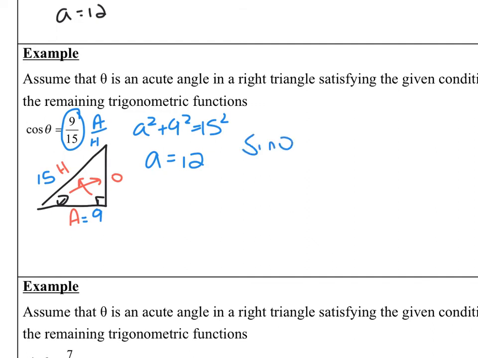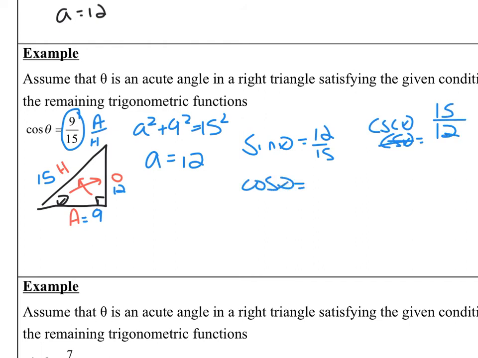So we're going to find our 6 ratios. So sine of theta, we said our O is 12, so 12 over 15. Cosecant then, which I can't spell, that's fine, I do that a lot, is 15 over 12. Cosine we were given, so that's kind of the easiest one to start with.